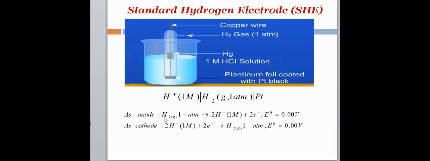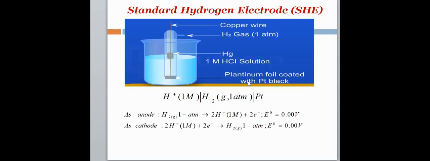Now at the anode, what happens is H2 gives 2H plus plus 2e minus, because oxidation takes place, and at the cathode 2H plus plus 2e minus gives H2. So this SHE, the standard hydrogen electrode, can act both as anode as well as cathode.